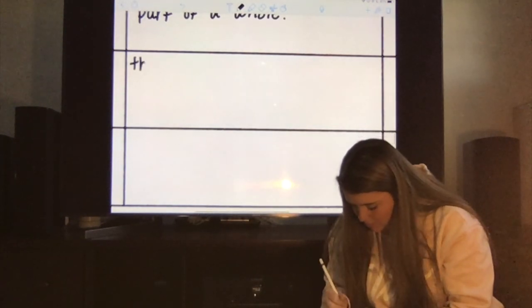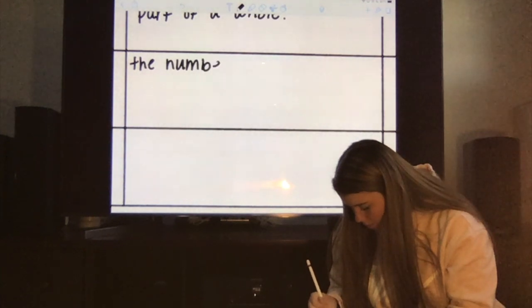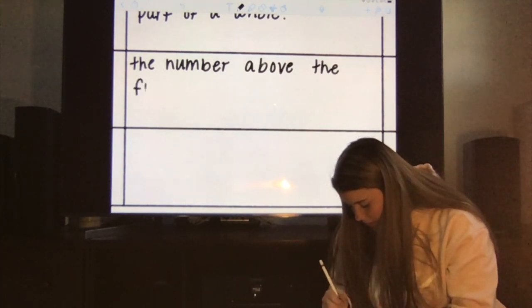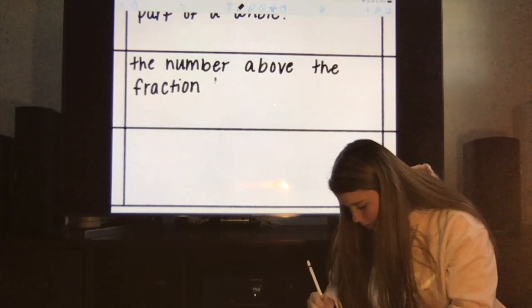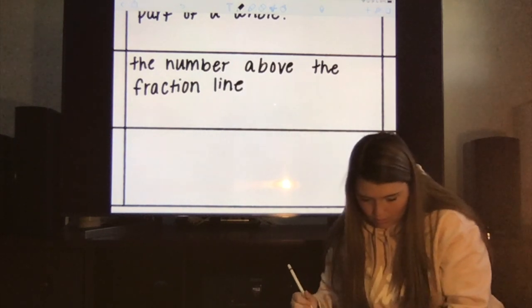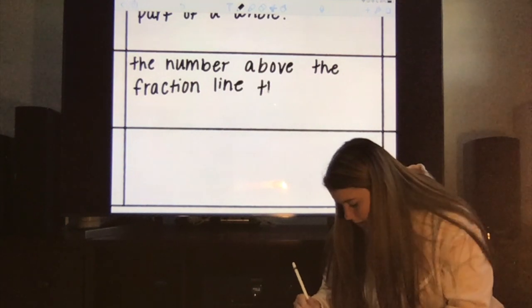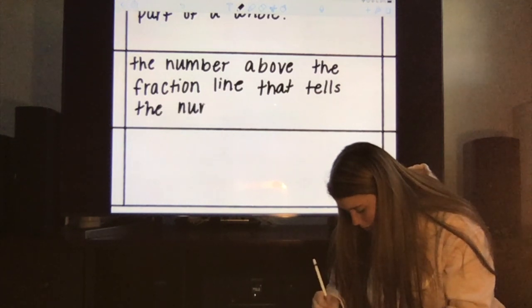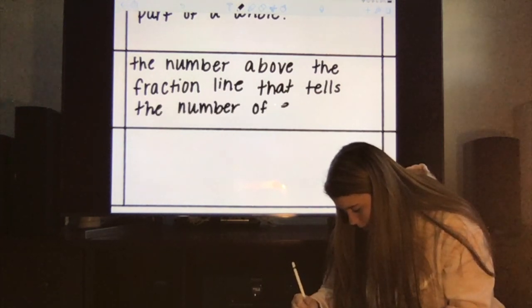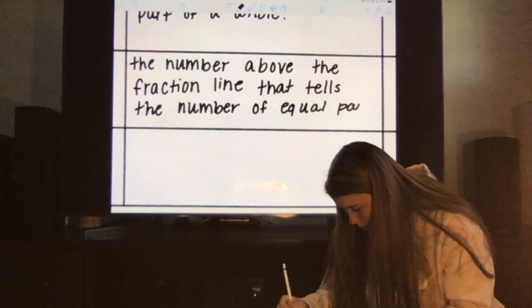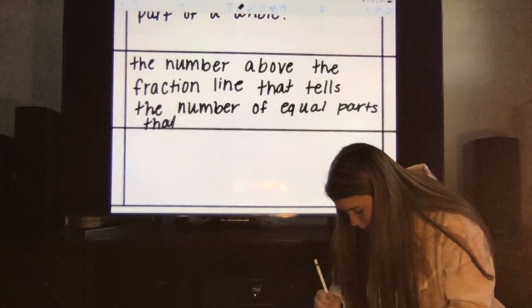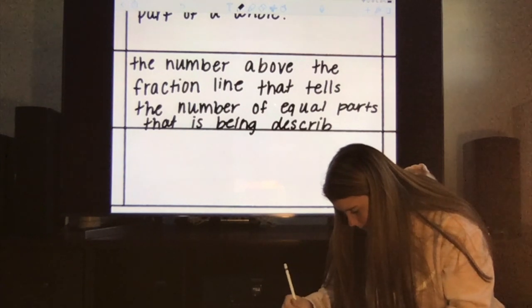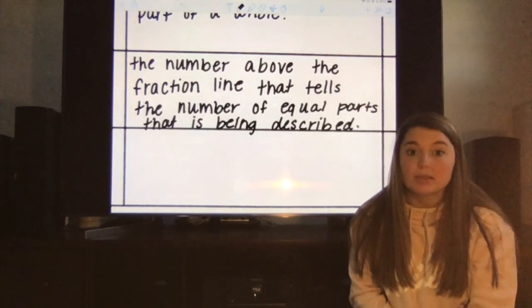So it's the number above the fraction line that tells the equal parts that are being described.